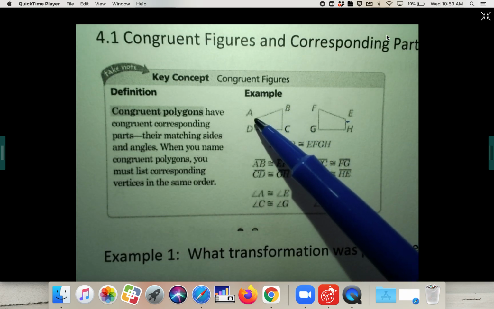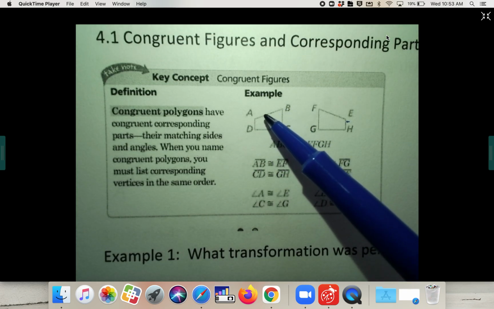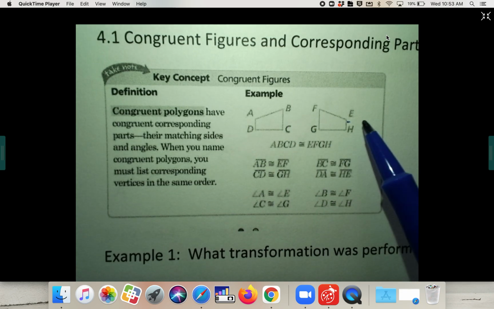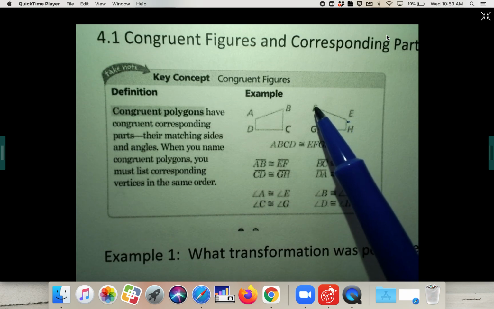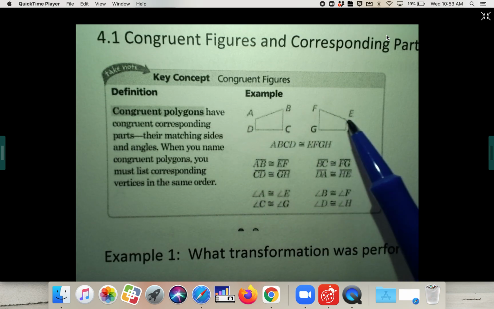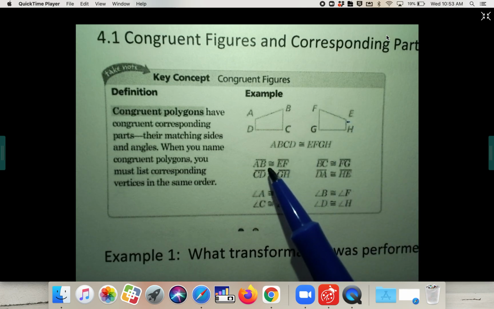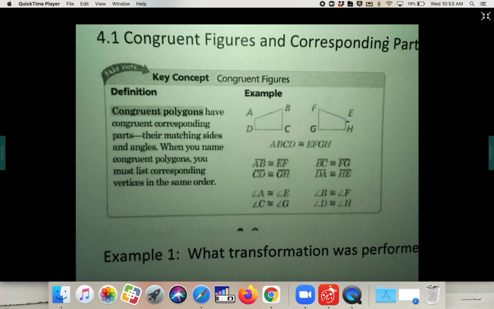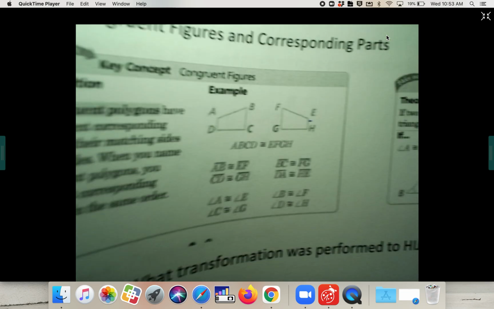If we're going from this shorter side A up to side B, when you name segment AB, you need to go from the shorter side E to the taller segment EF. So AB is congruent to EF, and that's why it is in this particular order. So they are corresponding parts, angles, segments, and they need to be in the same order as each other.